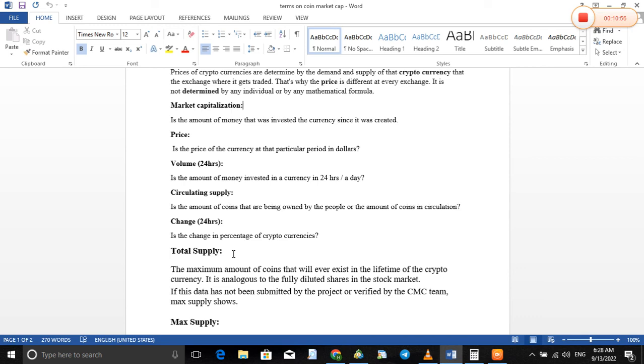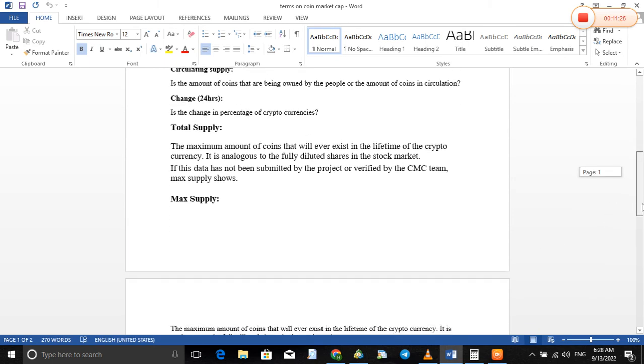On our list is the total supply. Total supply is the maximum amount of coins that will ever exist in the lifetime of the cryptocurrency. It is analogous to the fully diluted shares in the stock market. If this data has not been submitted by the project or verified by the CMC team, maximum supply shows.